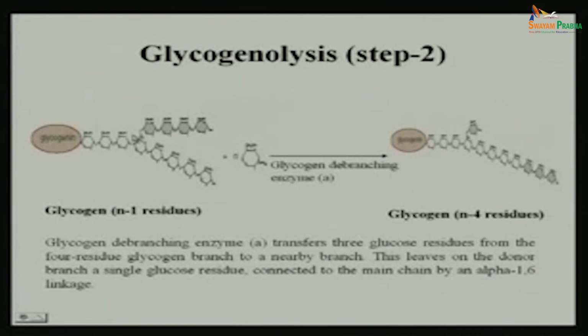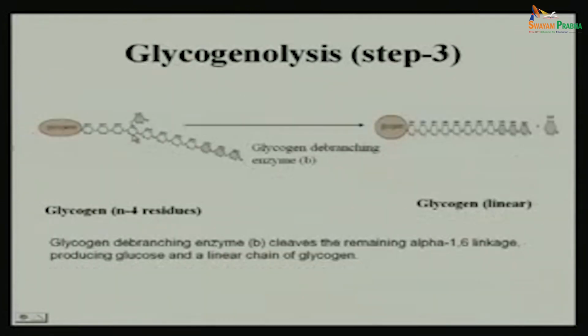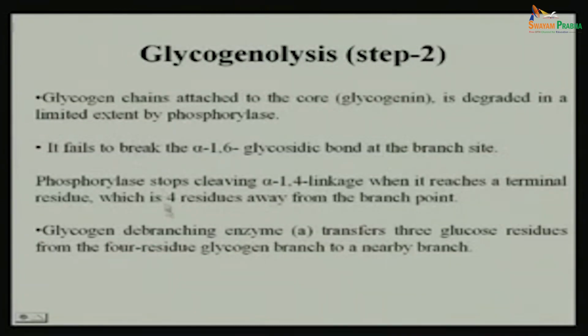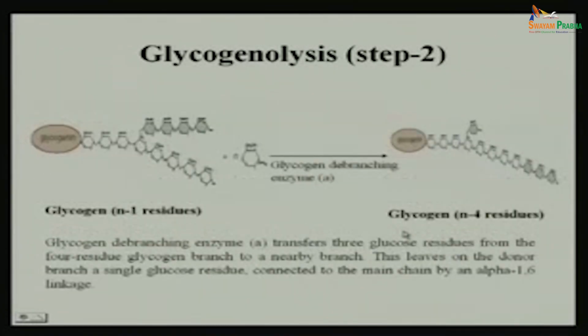What then is it doing? Now, enzyme A transfers the 3 glucose residues from the 4-residue chain. That means these 3 sugars are cleaved by enzyme A, debranched, and joined to the nearby chain.